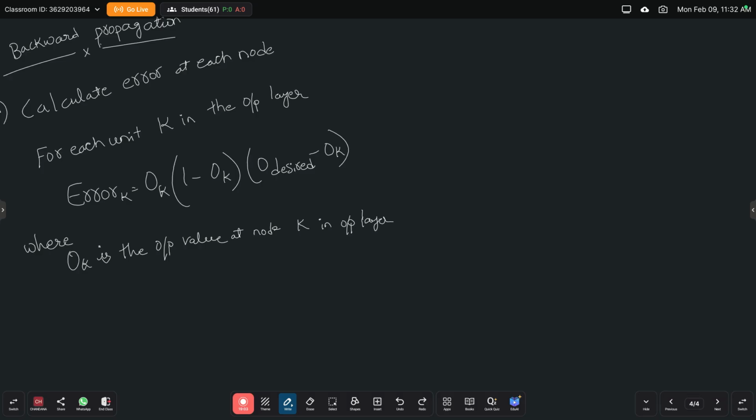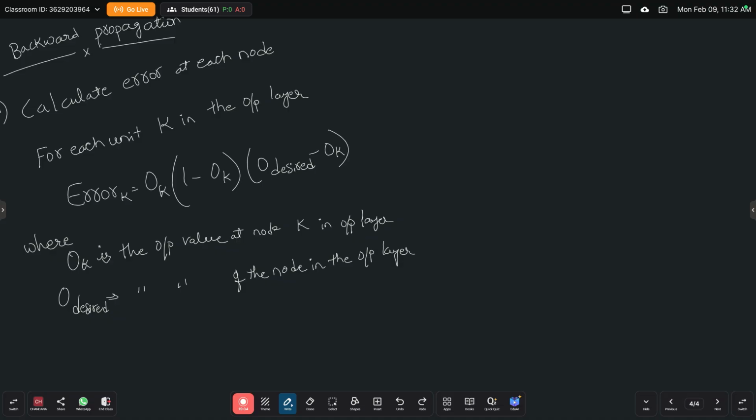Next, o desired, just now we discussed the o desired, right? O desired is the output value of the node in the output layer. This is the first step.